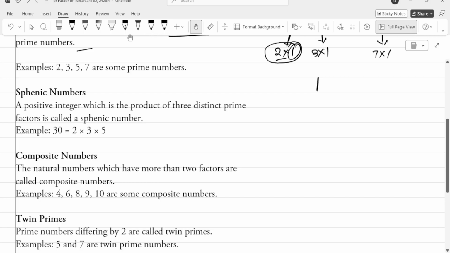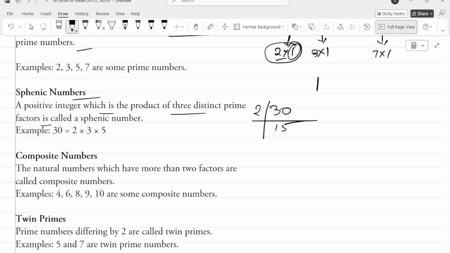Sphenic number. This is something you may hear for the first time. A sphenic number is a positive integer which is the product of three distinct prime factors. For example, 30. The factors of 30 must all be prime, and three different numbers. 2 times 15 is 30, then 3 times 5 is 15, and 5 times 1 is 5.